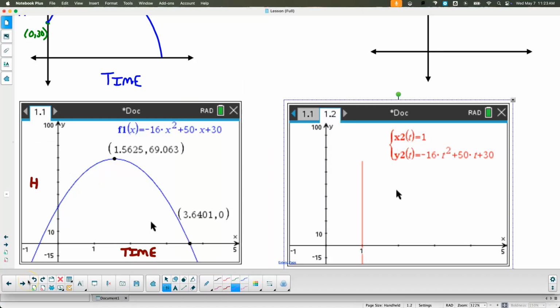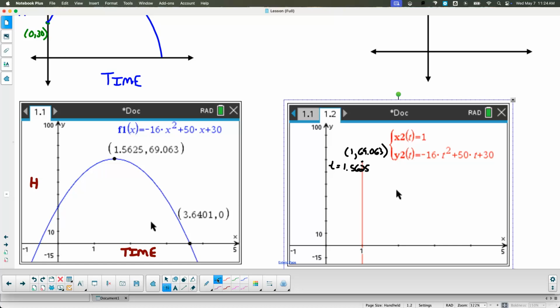So now on this graph, now that I can write on it, we know that this maximum height here is at the point 1, 69.063 feet, because it's at the same maximum height as the other one. We also know that that's at a t-value of 1.5625 seconds.